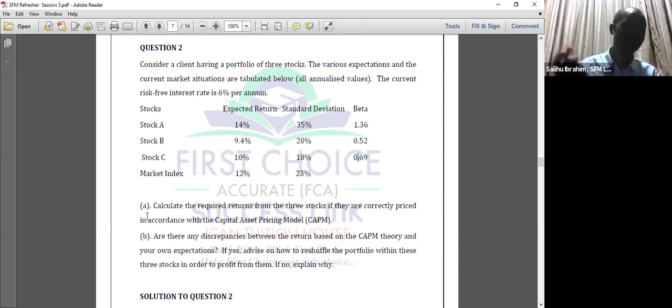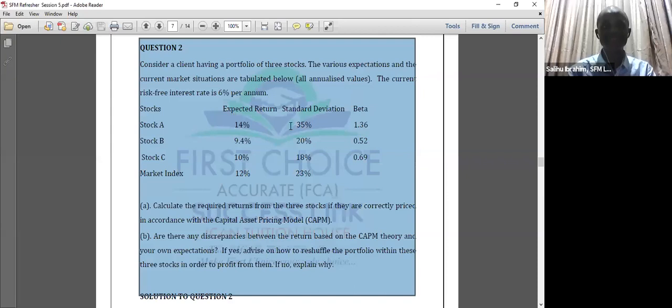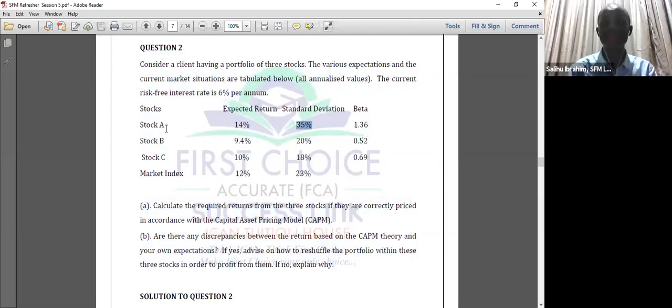I said the risk of an investment is the standard deviation of that particular investment. For instance, in this question, we have investment A, investment B, investment C, isn't it? Now, the standard deviation you are seeing here, this 35%, tells how risky stock A is to buy, while the 20% standard deviation here is the riskiness of stock B for any investor that may want to invest in that particular stock.